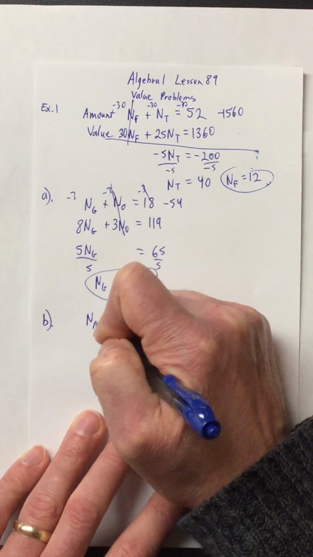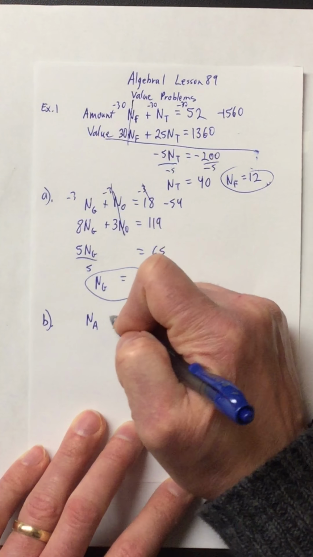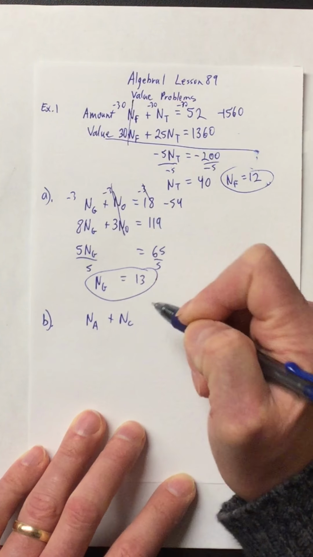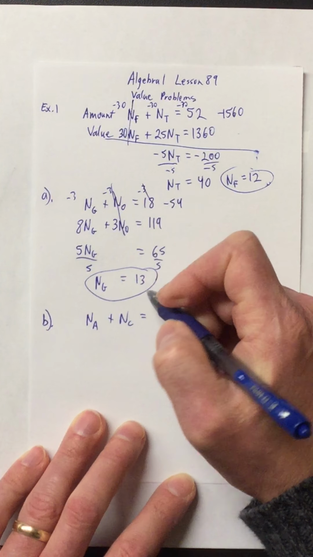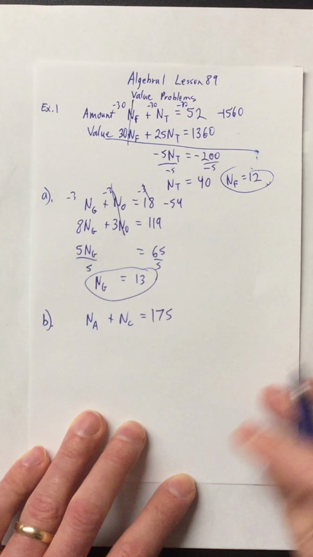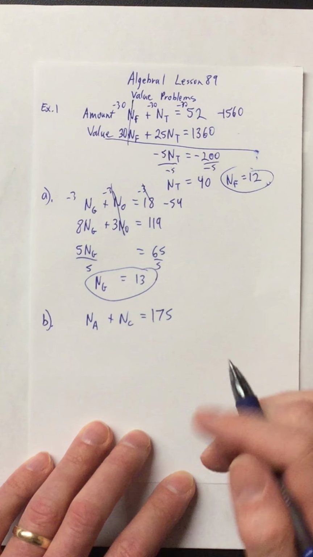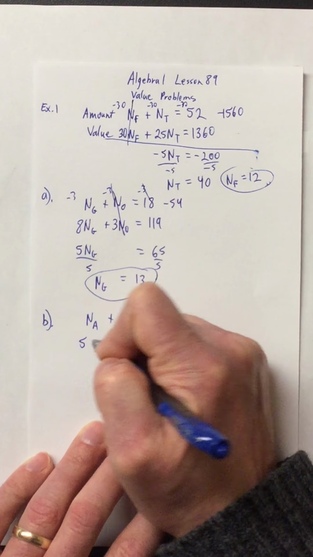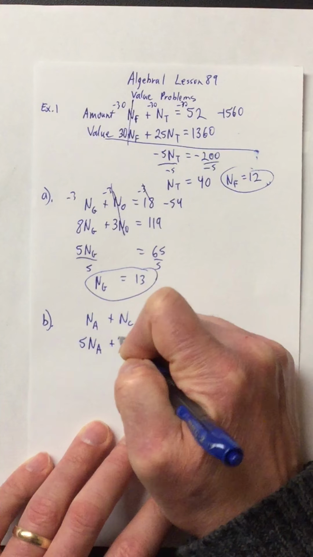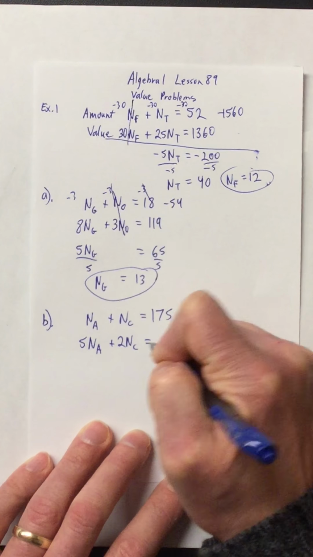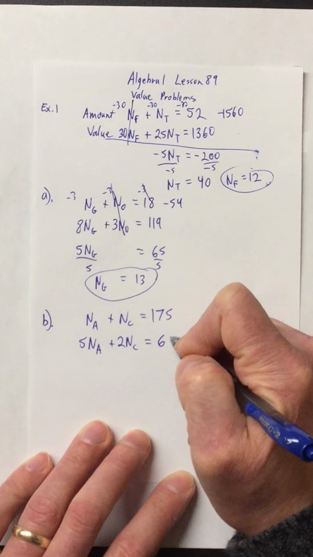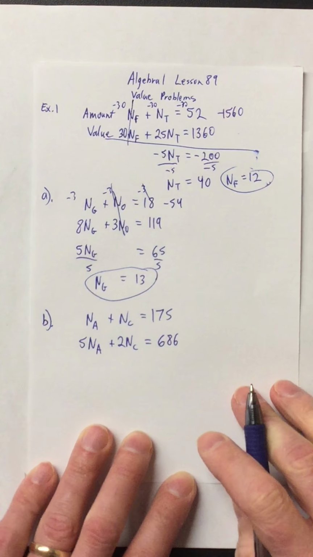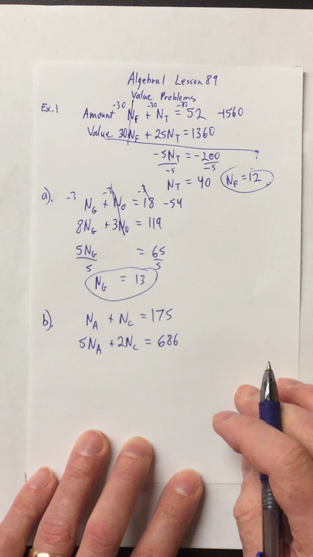Let's do number of A for adult tickets plus the number of C for child tickets is equal to 175 tickets. Well, let's give some value to it. The adult tickets were sold for $5, child tickets were sold for $2, and how much money came in? $686.